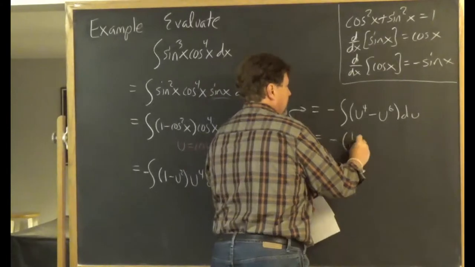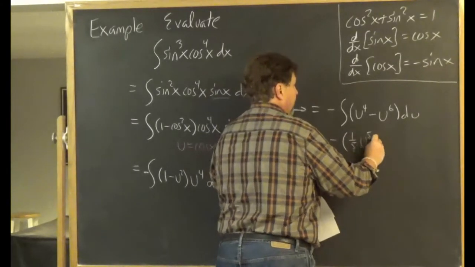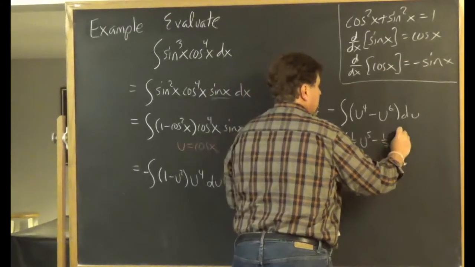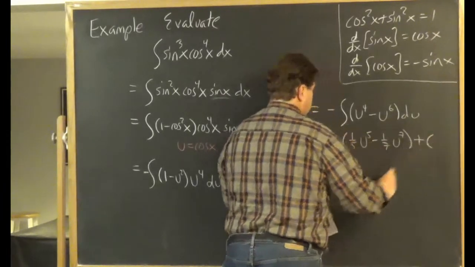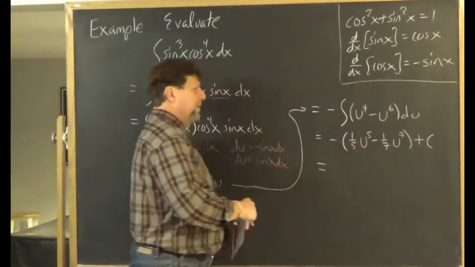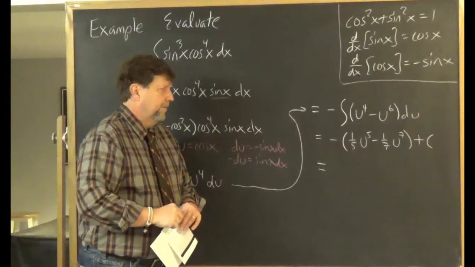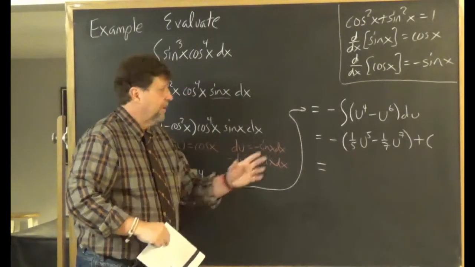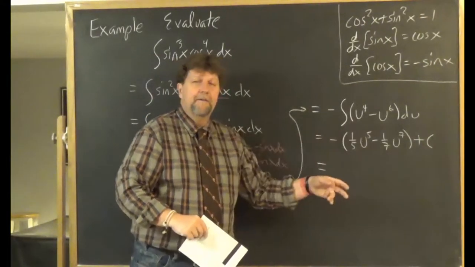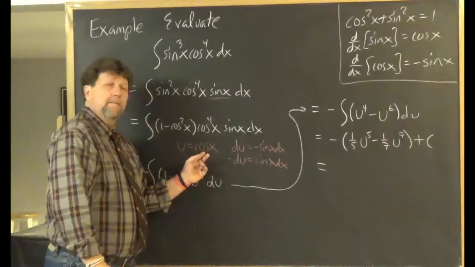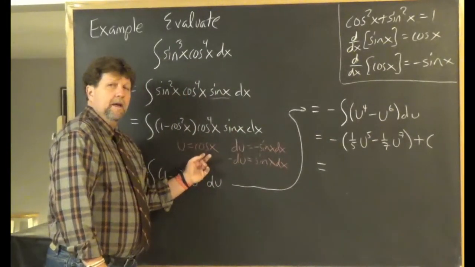Using the power rule, you get a 1/5 u to the fifth minus 1/7 u to the seventh. And I'm going to do two steps, maybe three steps at once here. I'm going to distribute the negative and resubstitute at the same time.